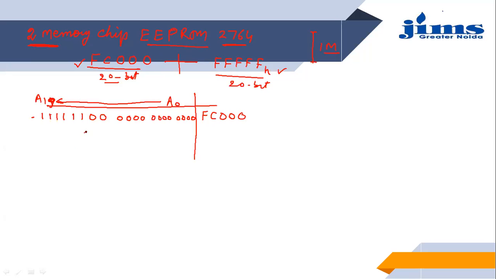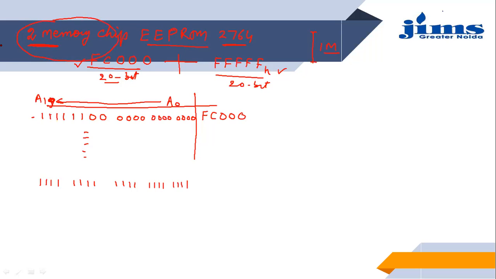When incrementing, the last location will be all ones. So this is exactly what my memory map is. With this memory map, the requirement is that you have to interface two such ICs.